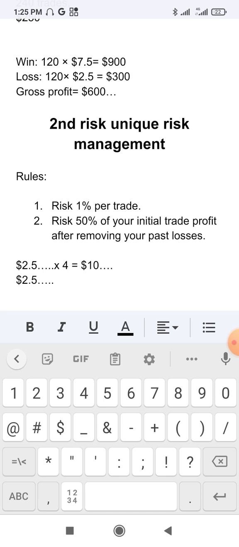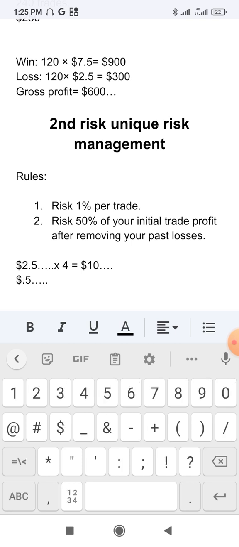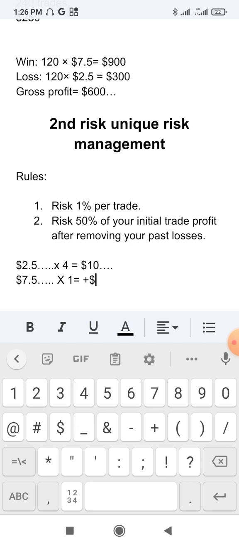So 2.5 times 3, since you are making profit here, your gain is going to be $7.5 on a trade. So this is plus $7.5.